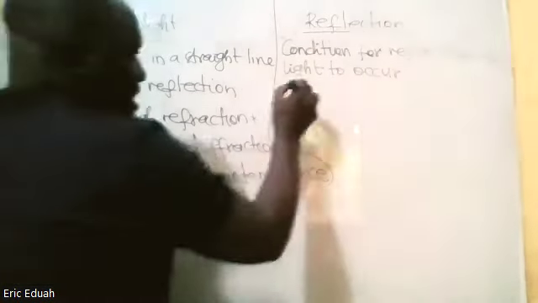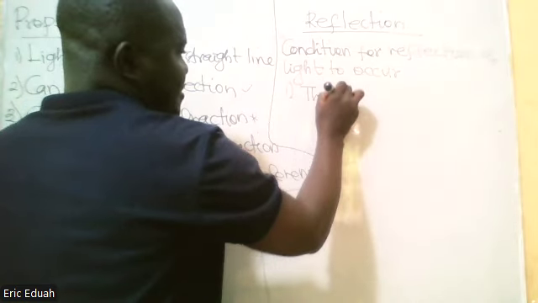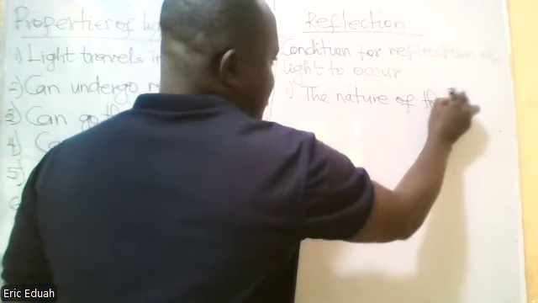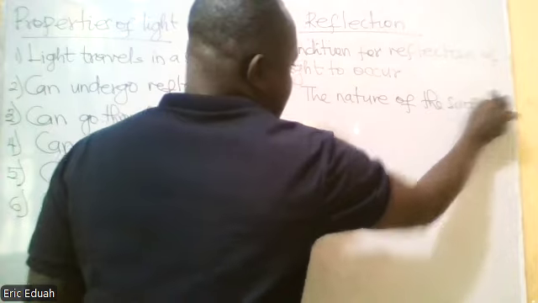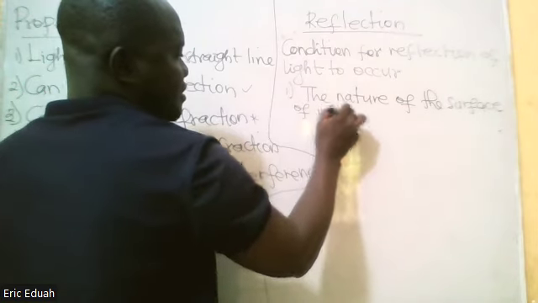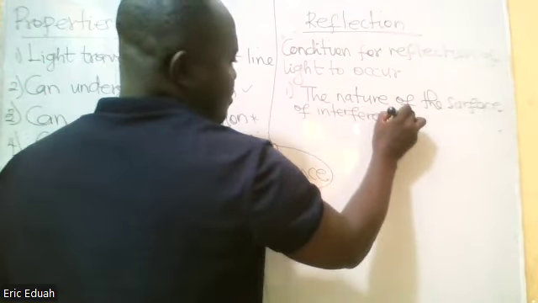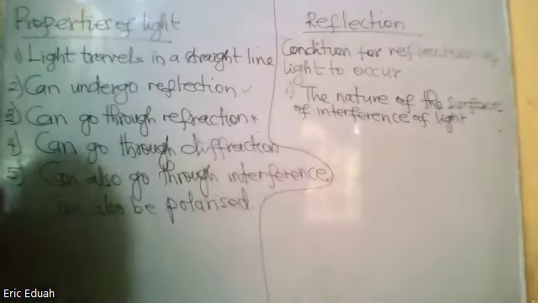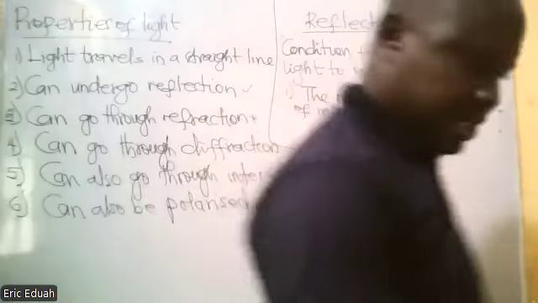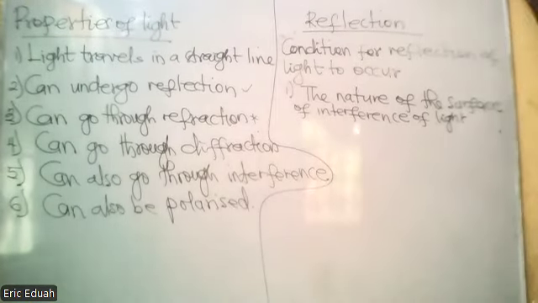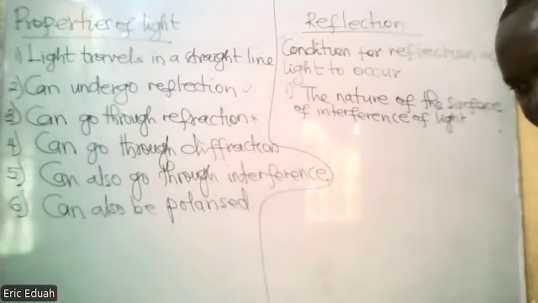So we'll put this as the nature of the surface. All that we are saying is that if the surface is so smooth, reflection will be greater, at a greater percentage.